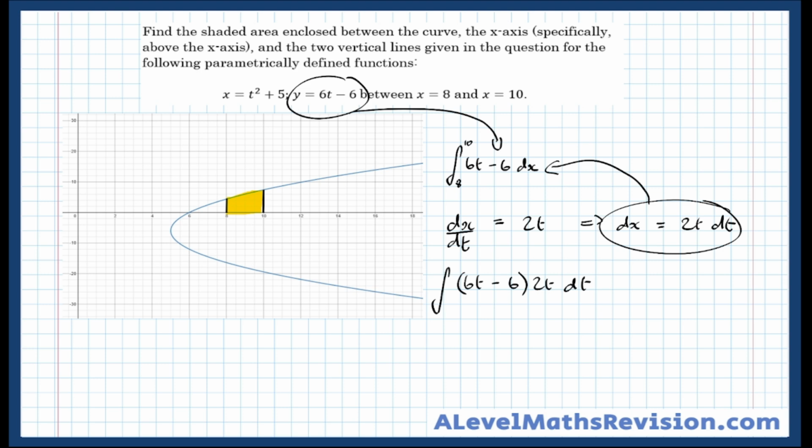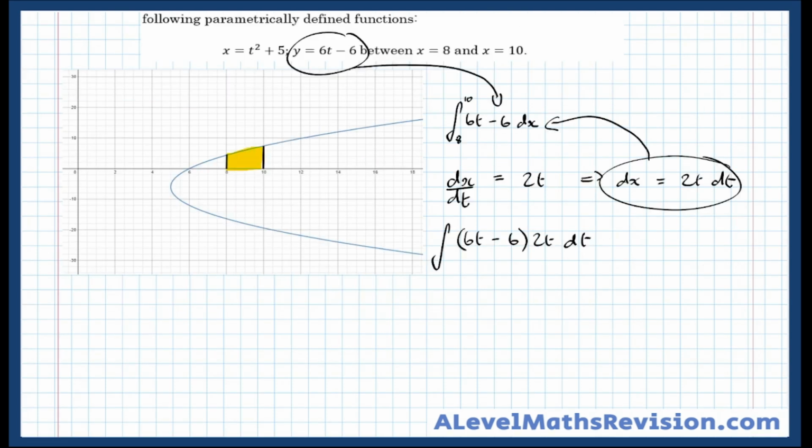And if we change the limits, so we know for the x limit, 8 is equal to t squared plus 5. So to find the corresponding t limit, we use this formula there, where we substitute the x in, which means that t squared equals 3, which means that t equals plus or minus root 3.